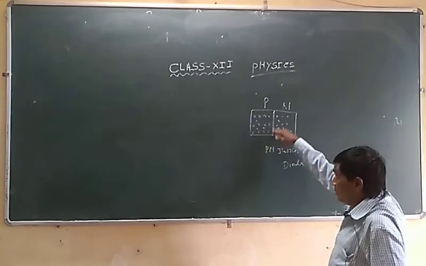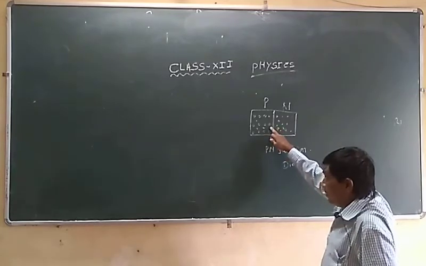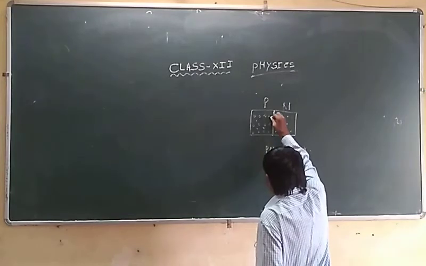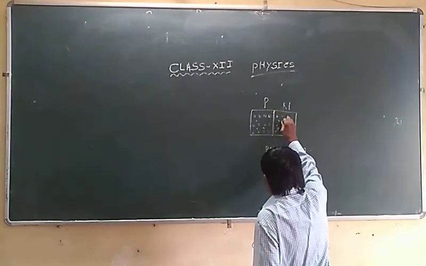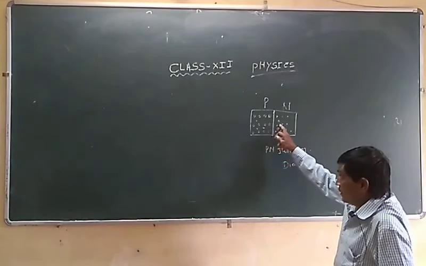When the junction is created, what happens at that moment? The charge particles of P-type and N-type are opposite charges, so they are attracted to each other.